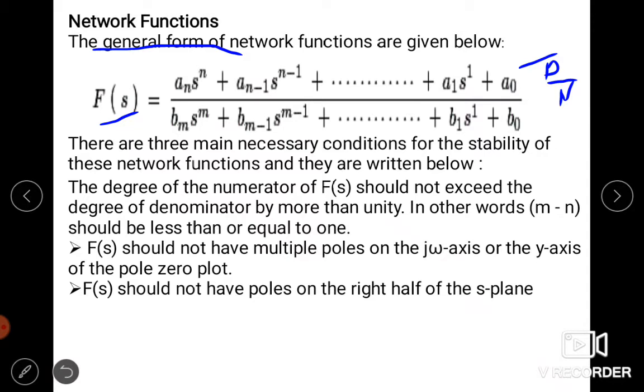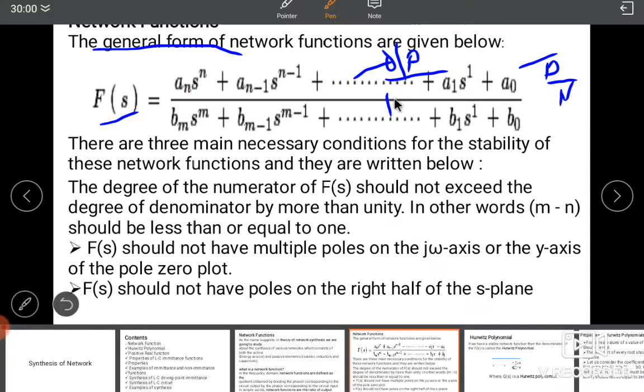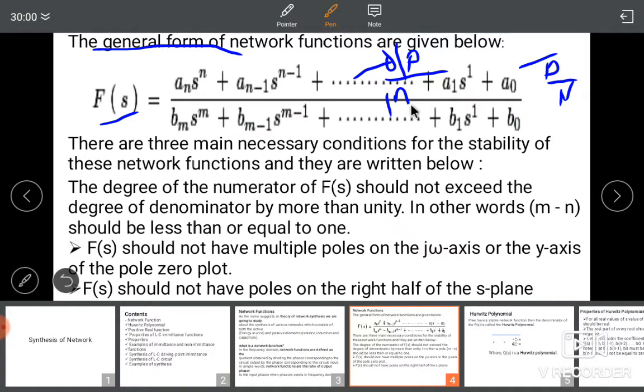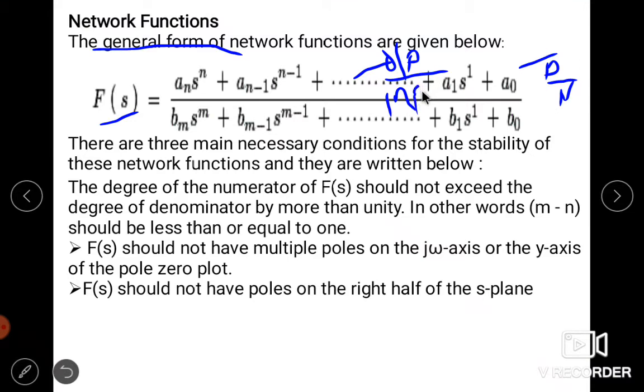In simple words, the network function F(s) is the ratio of the output phasor divided by the input phasor.